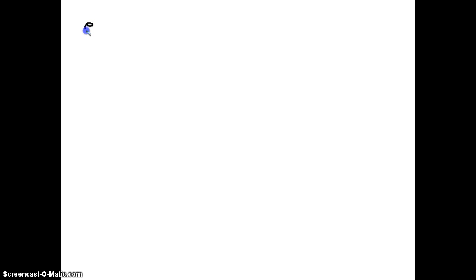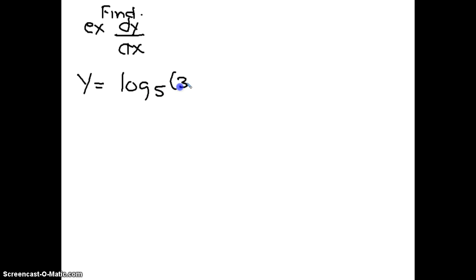So example 1 here, if we're finding dy dx, we're going to do y equals log base 5 of 3x.